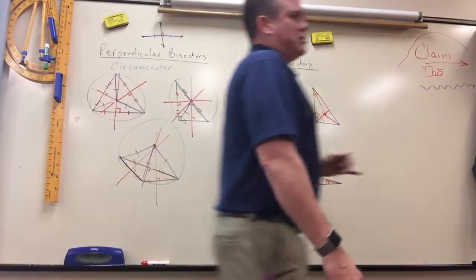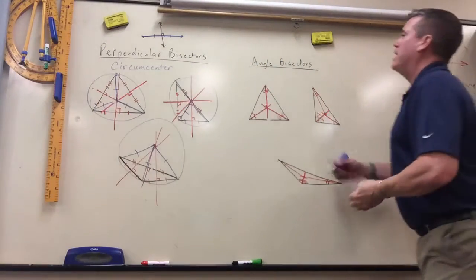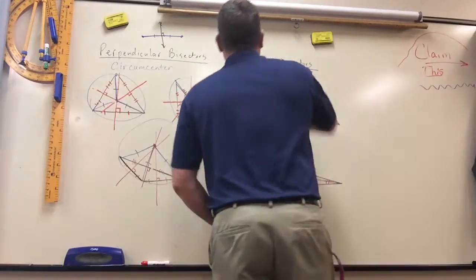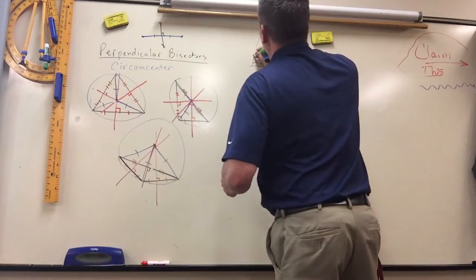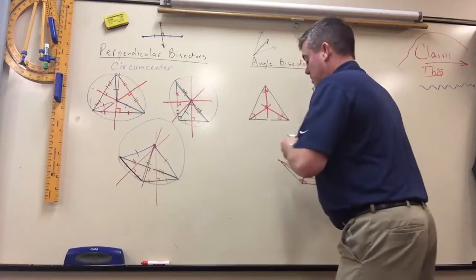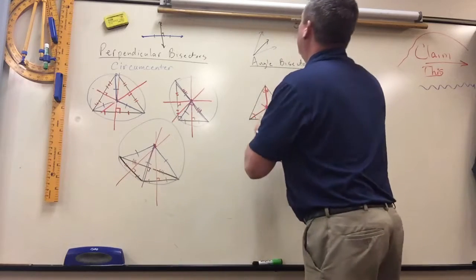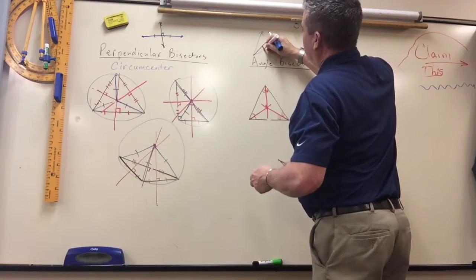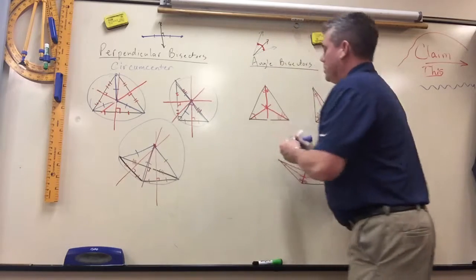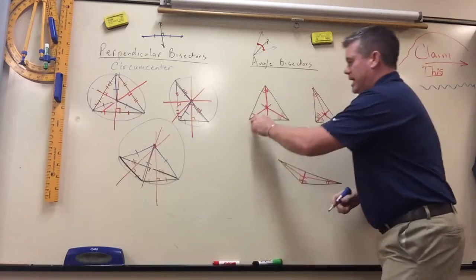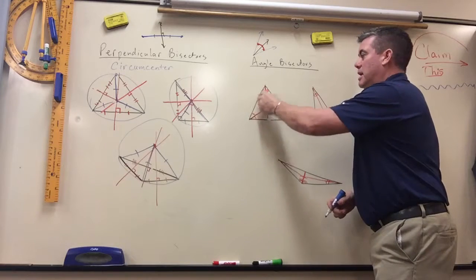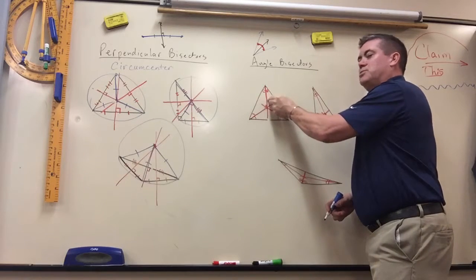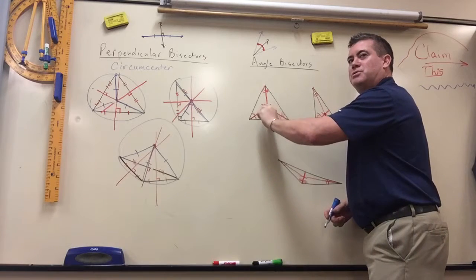The angle bisectors is different. On an angle bisector, if you've got an angle and you draw in the angle bisector, every point here is the same distance from each side. So, any point here is the same distance from this side and that side. Anything here is the same distance from these two sides, and anything here is the same distance from these two sides.